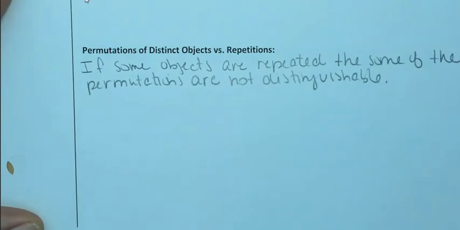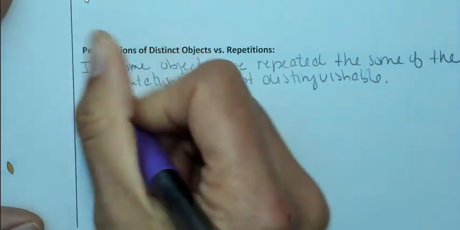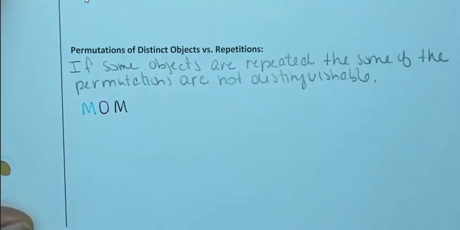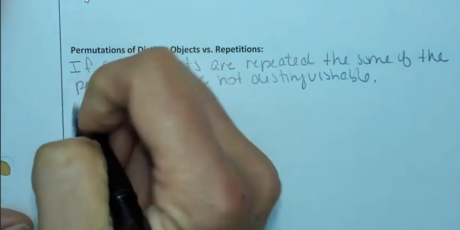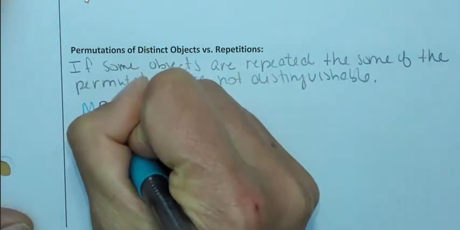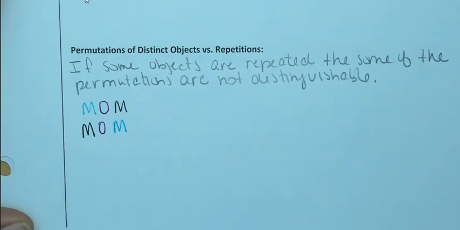Let me give you an example of that. I'm going to use 3 different colors. Let's use 3 letters. Mom. 2 of those letters are repeated, right? The M's are repeated. So I could write them in a different order. But if I didn't have color, that wouldn't look like they're in a different order at all.